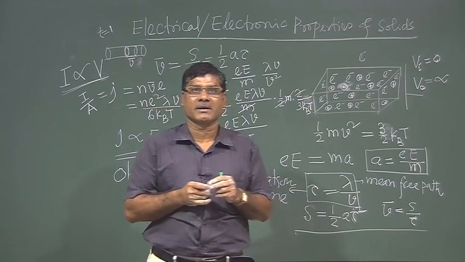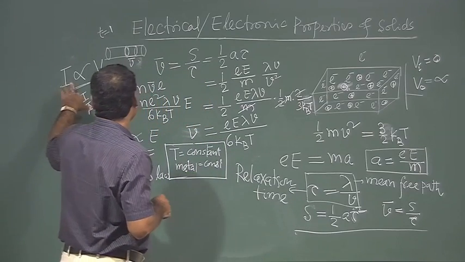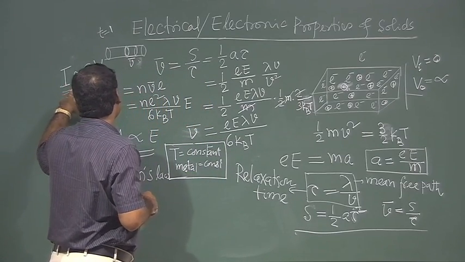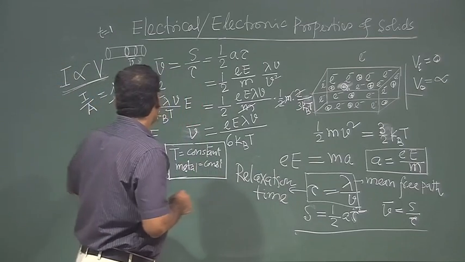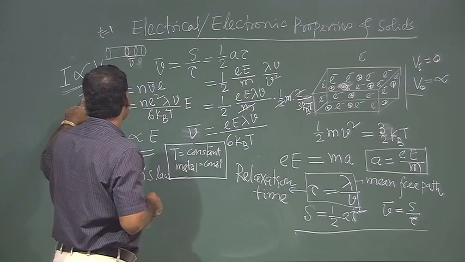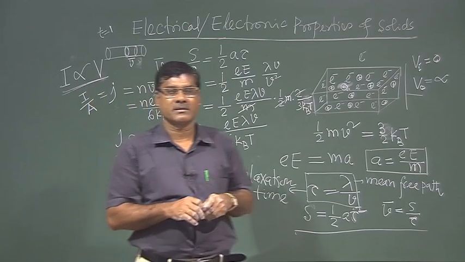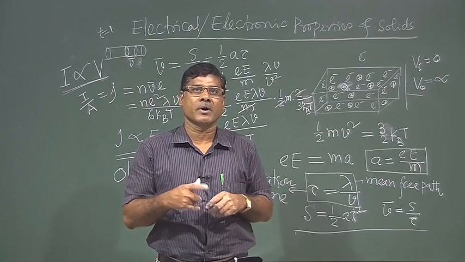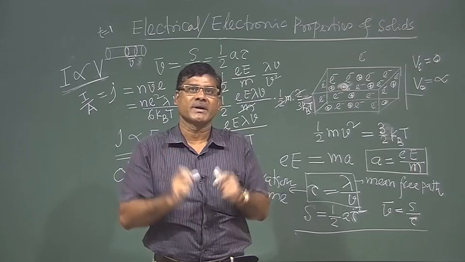So, it is not enough when we express it in terms of current. We have to specify not only the particular material, but also the particular geometry of that material.